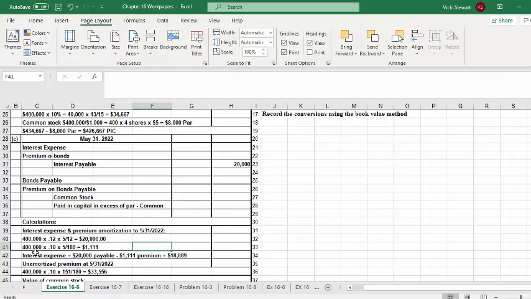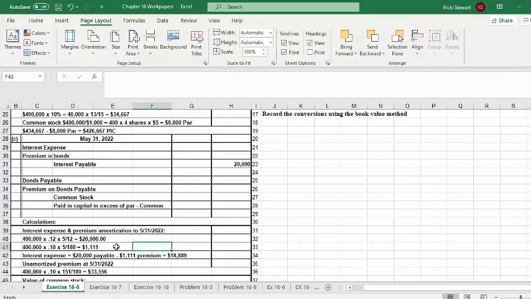So for $400,000 of the bonds times 10%, which was the premium amount, that would give us $40,000. And then we would multiply that by 5 months and then divide it by 180. The 180 was determined because these are 15-year bonds and there's 12 months in each year, so that's 180 months.